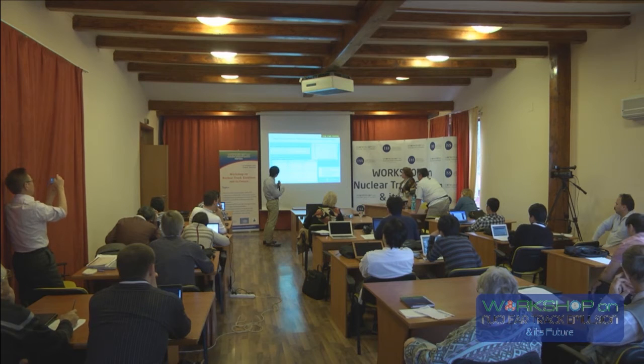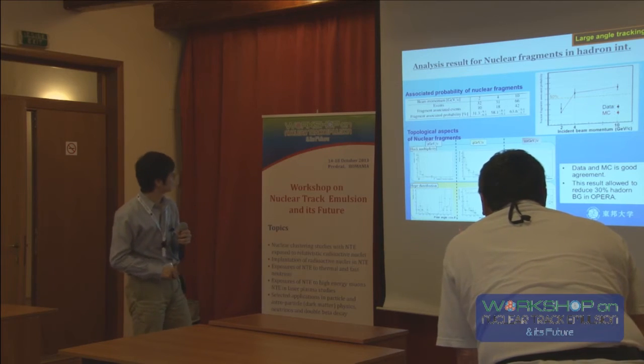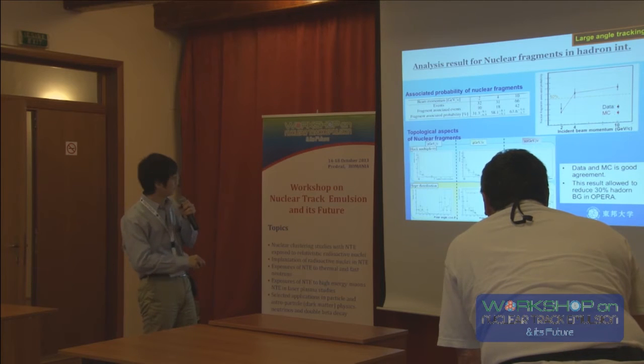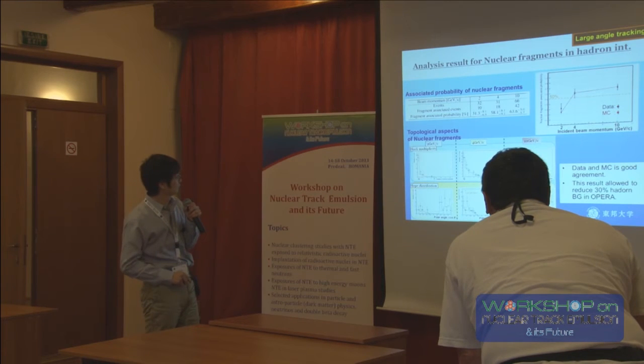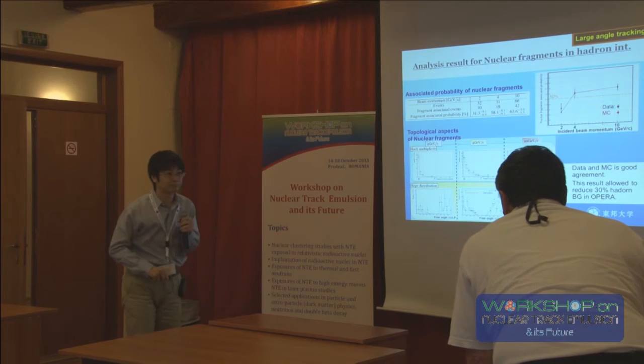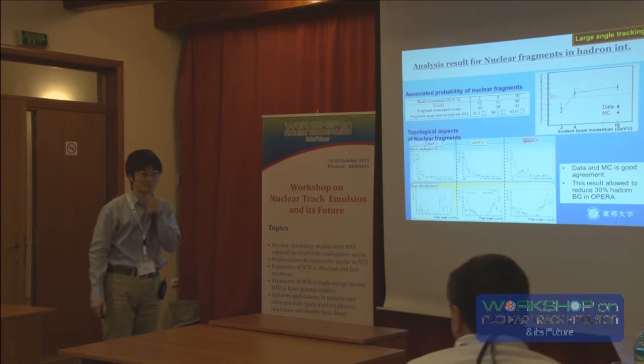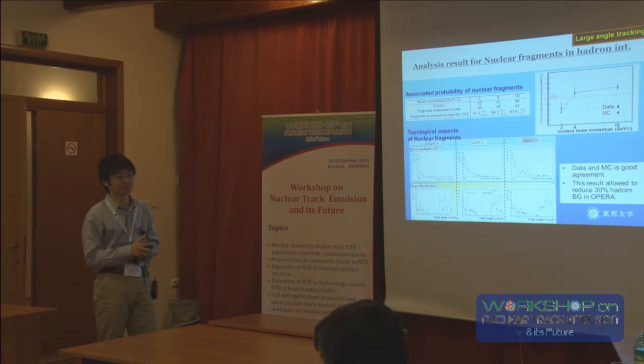This one. It is difficult to resolve. This is a multiplicity, yes. Multiplicity induced by what? This is the incident momentum of hadron. Hadron, yes, pion. Interesting to see the same analysis with muons. Oh, thank you. Thank you very much again.